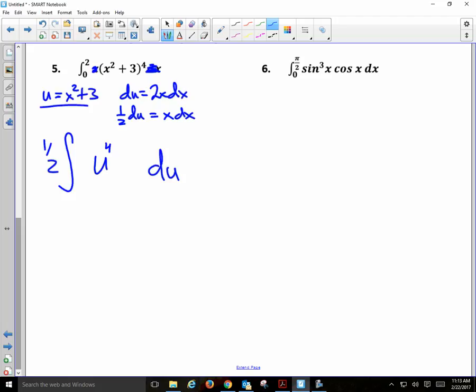So instead of 0 and 2, I plug these in and evaluate them for u. So 0 squared is 0 plus 3 is 3, and 2 squared is 4 plus 3 is 7. Those are my new bounds. I plugged in 0 for x squared plus 3, and I plugged in 2 for x squared plus 3.